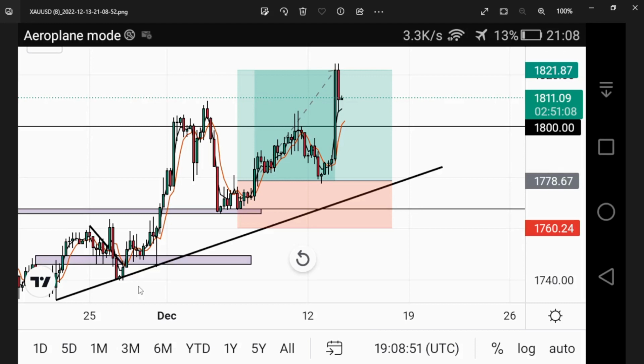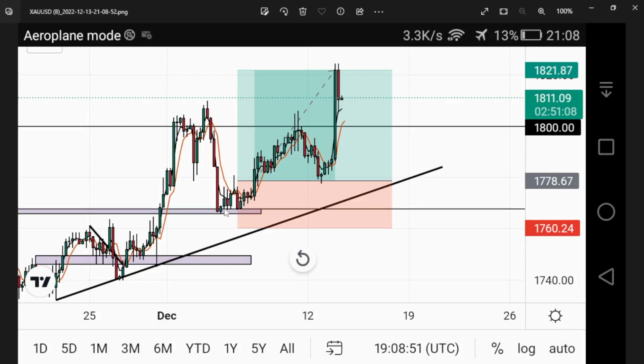If it was to break this level and come down here, I would have taken a trade here because of this wick here. A lot of buyers came in here. You see the long wick here. So I waited for price to react here. So after I waited for price to reach here, I put on my Fibonacci correlating with the 61.8 Fibonacci level.